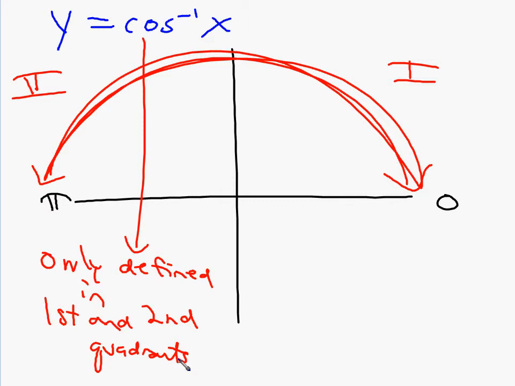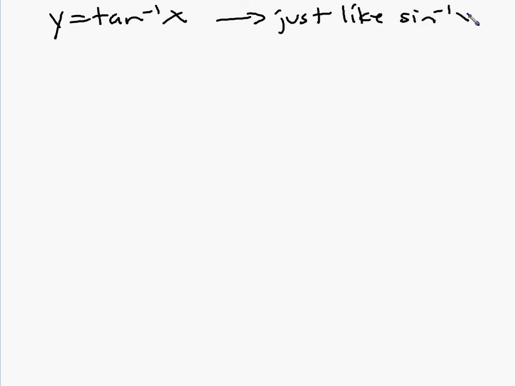And for the one I'm not going to spend a bunch of time on right now, inverse tangent, all I'm going to say is that inverse tangent is just like inverse sine.